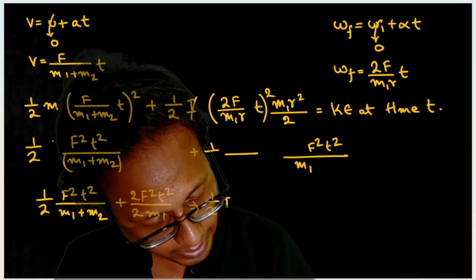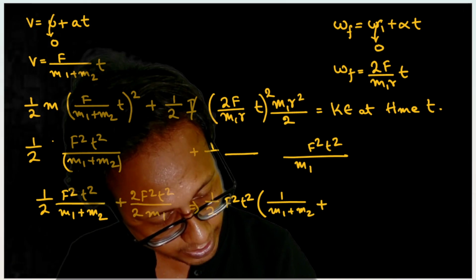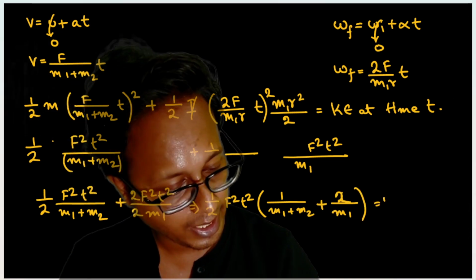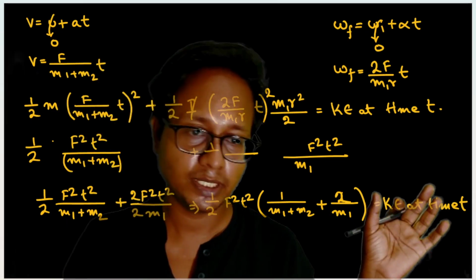If I take half f square t square common, I get 1 by m1 plus m2, plus 2 by m1. This is the kinetic energy at time t. So this is a simple straightforward answer.